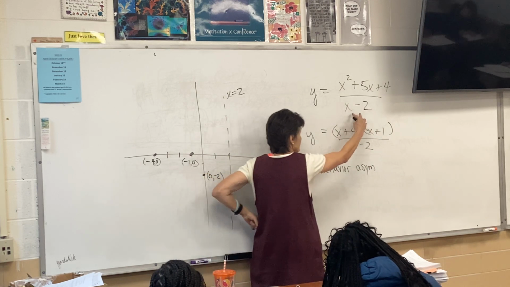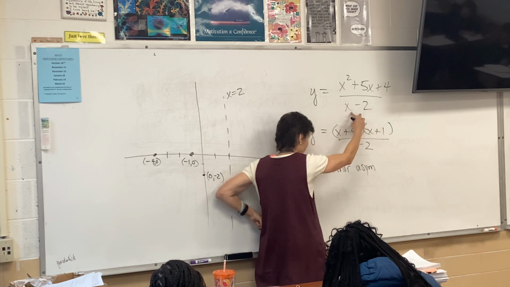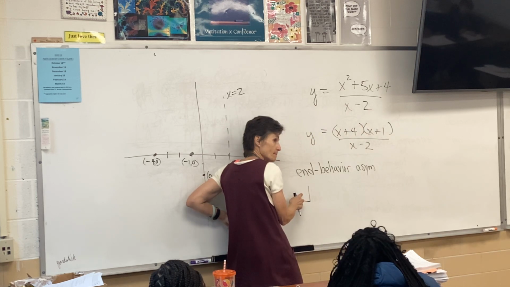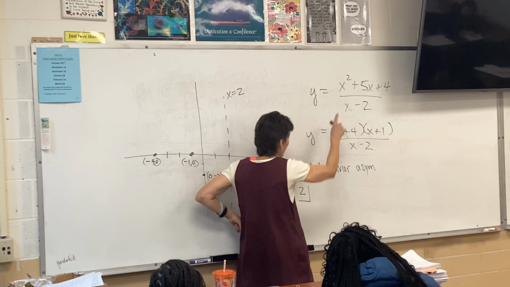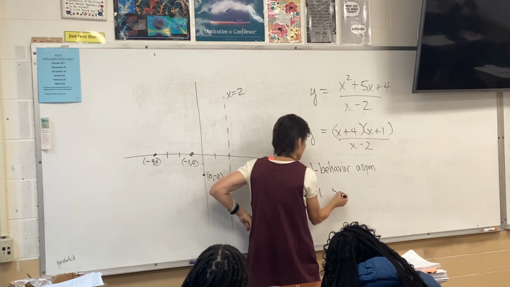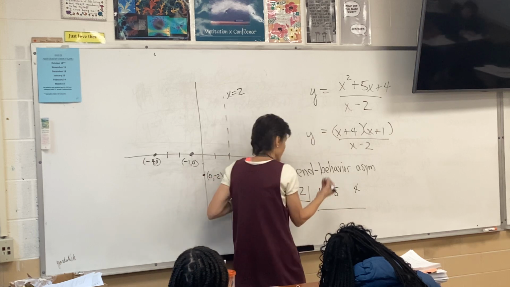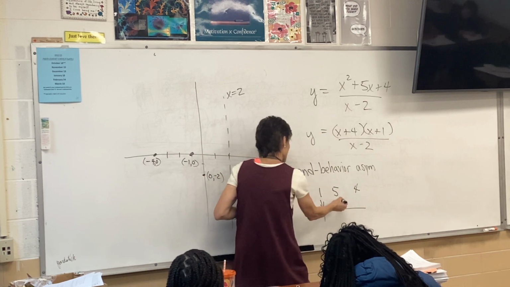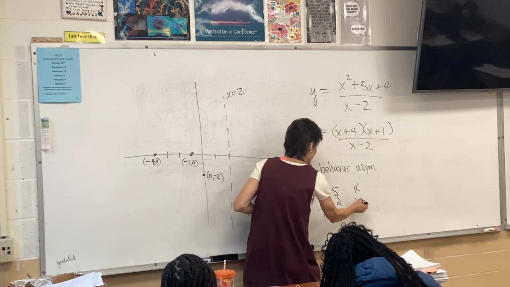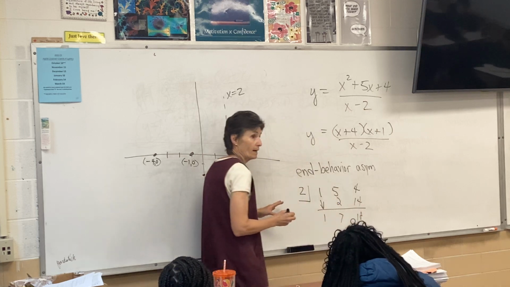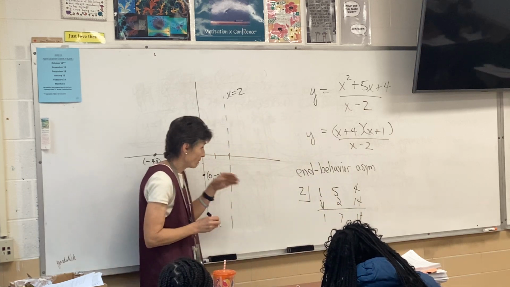Out here in the box, this is what I'm dividing by. So what will I put in the box? 2. And across the top will be 1, 5, and 4. Now I'm going to do regular synthetic division. So that's what I got. Am I okay on my division?